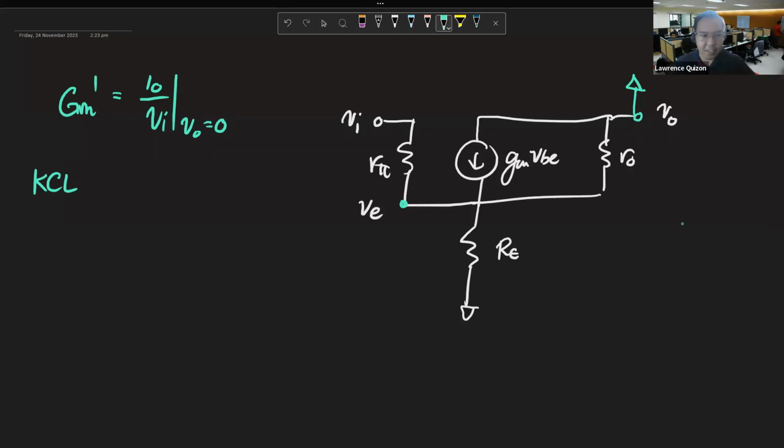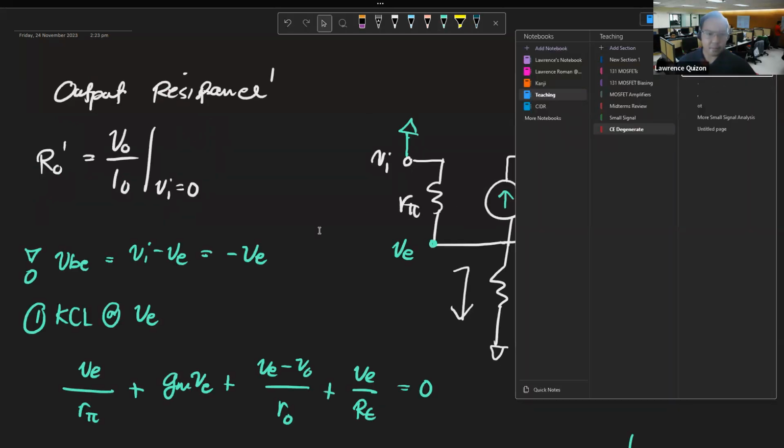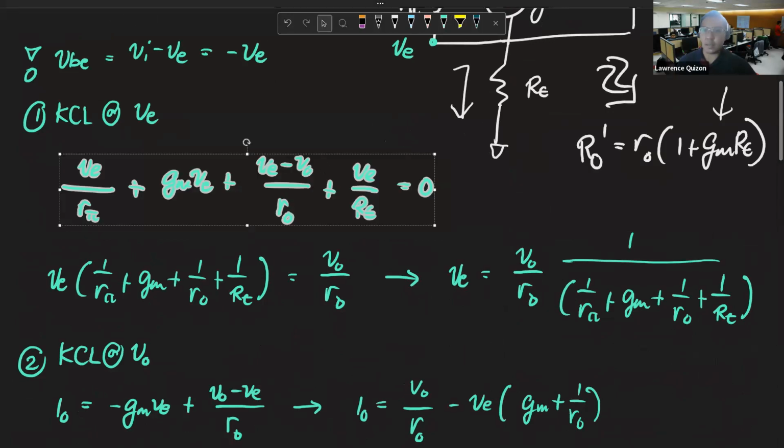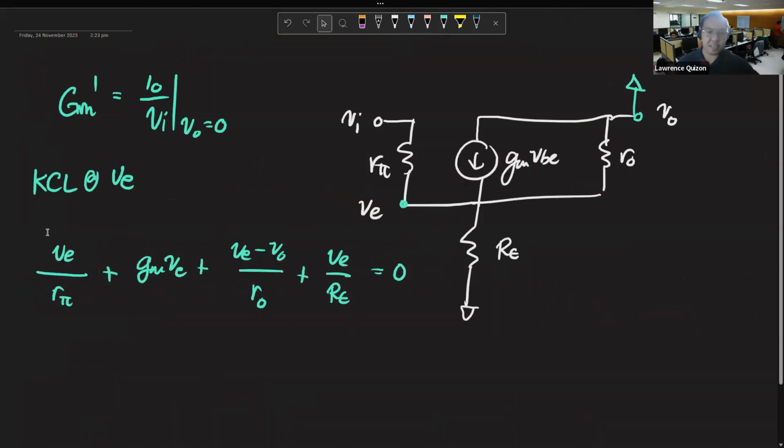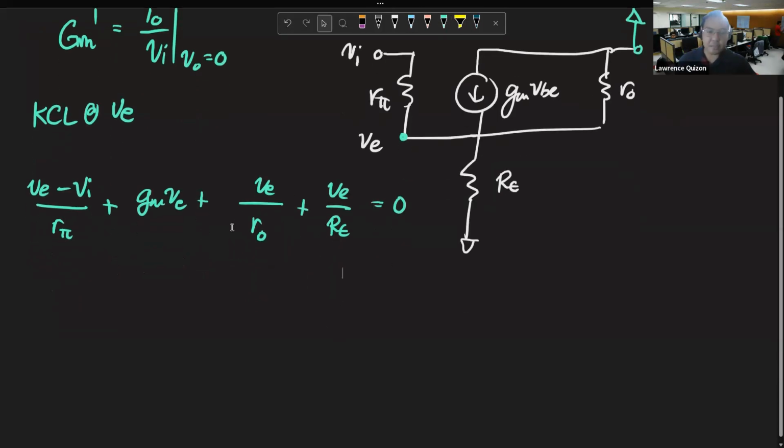So first we do KCL at VE. And since I already did that, I'm just gonna copy paste that. I don't want to write it again. So that's VE minus V in. Tapos, papalitan natin si V out dito, 0 si V out dun. Alright. So now we have this.